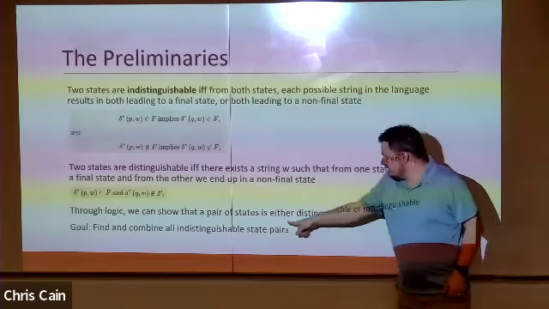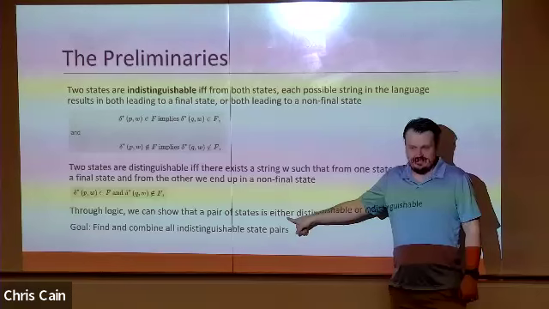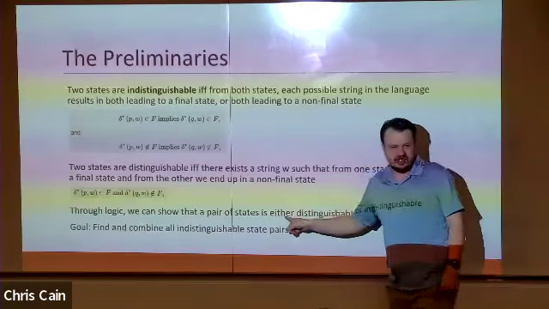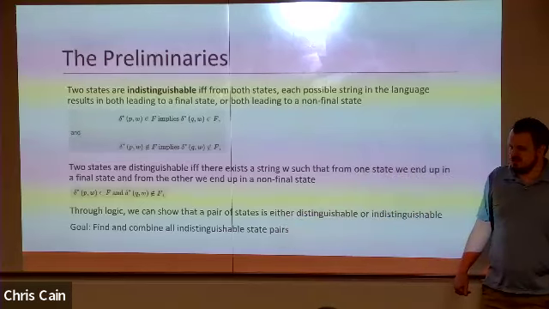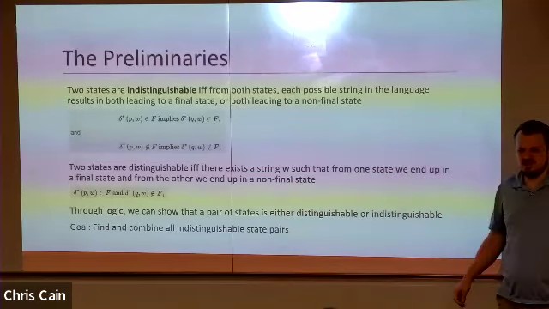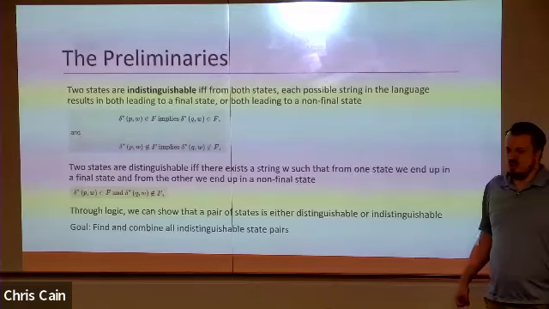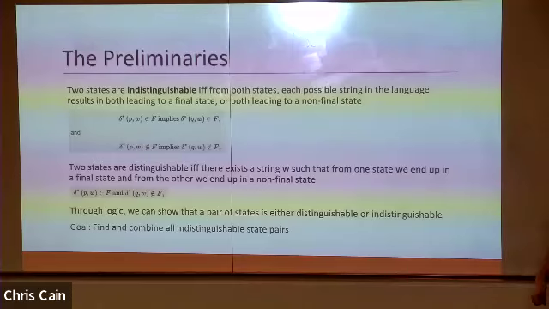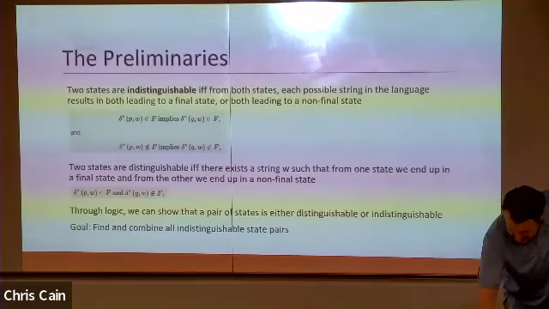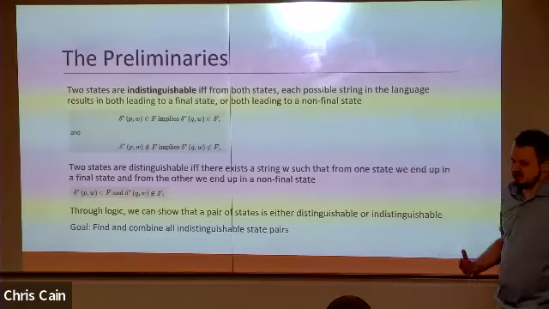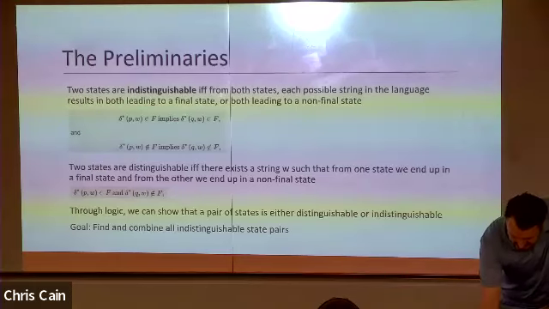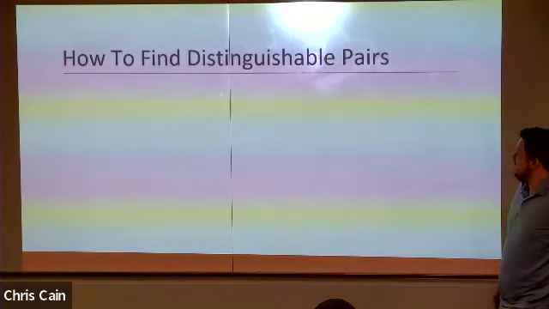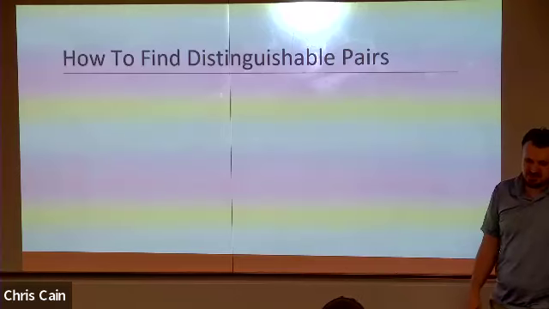And we know now that if a state is distinguishable, then it can't be indistinguishable. So if we could find examples for all of the ones where examples could be found, what's left over is indistinguishable. So we're going to take that route to try to construct this algorithm and find indistinguishability. So indistinguishability will be found by finding distinguishability.